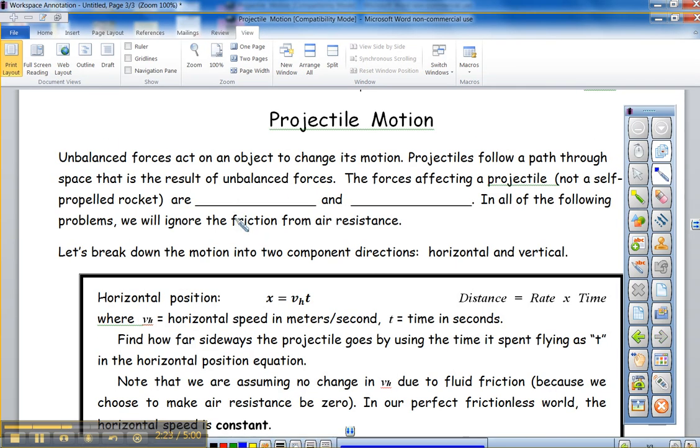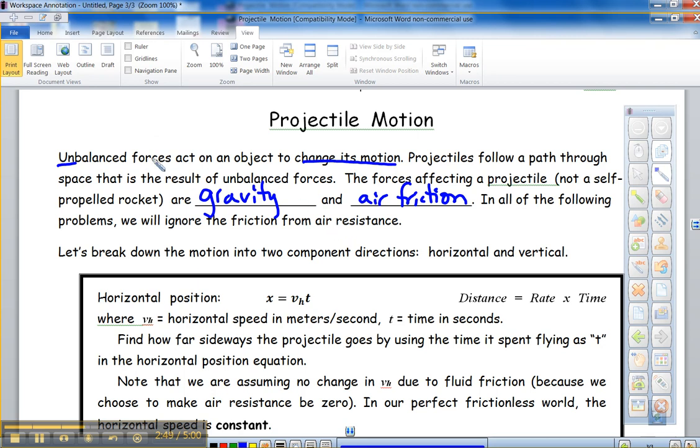here that the forces affecting a projectile, not a self-propelled rocket, are gravity and air resistance or air friction. Okay, and remember that it's very important to understand that it's only unbalanced forces that change an object's motion.